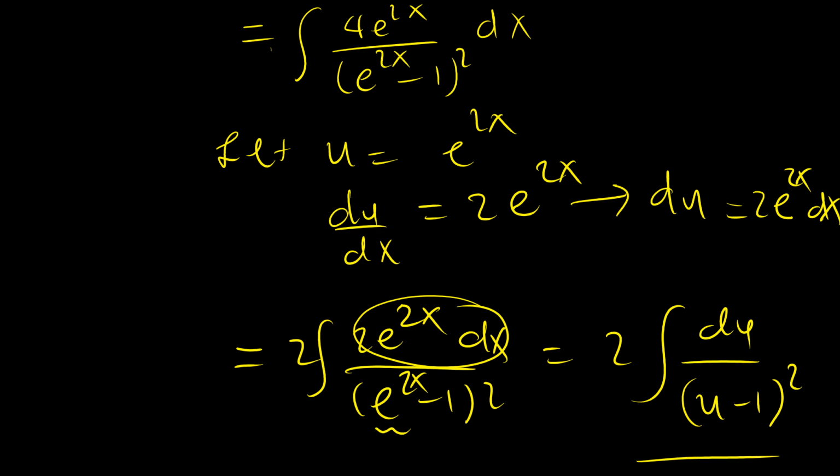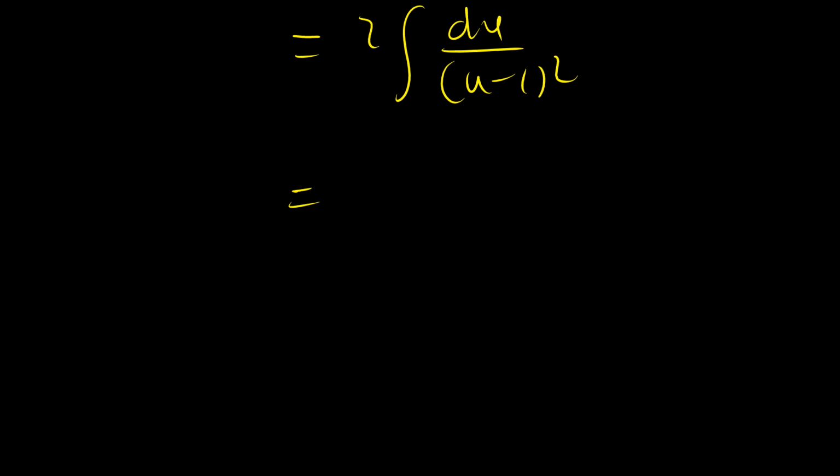So we'll keep going on. Now that we have our integral as 2 du over (u minus 1) squared, this is a simple integral.